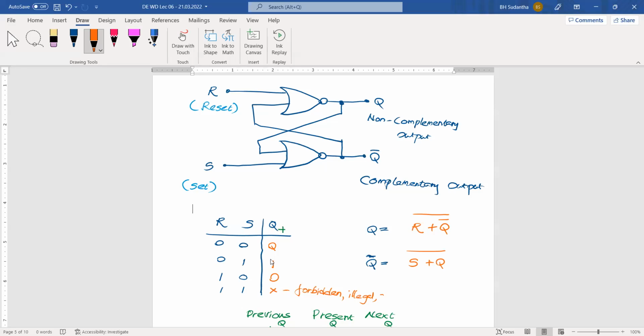And it should be avoided. Anyway, we have 2 inputs and we are having 4 combinations. But although we are having 4 combinations, one is not possible to use. That is one of the problems of this RS latch.